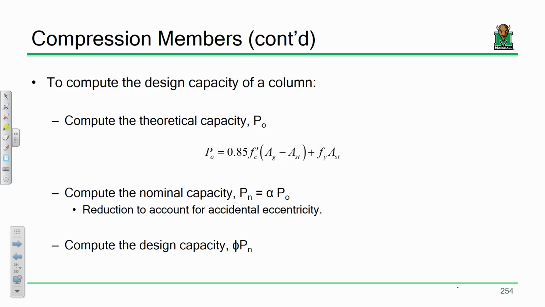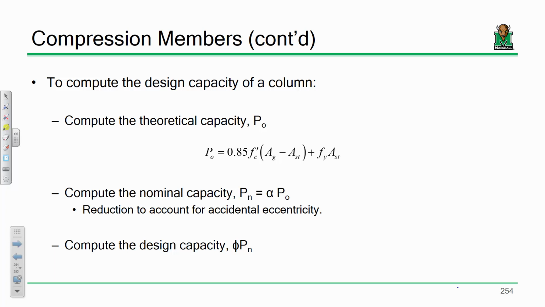Maybe that load is a little bit off center, accidentally eccentric from the centroid. If that load's off a little bit, you're applying more load to this column than you intended. So we reduce the capacity a little bit to account for that.